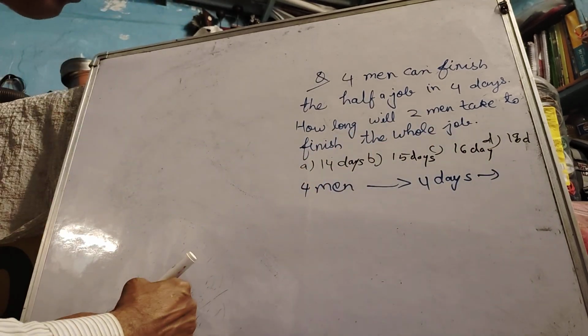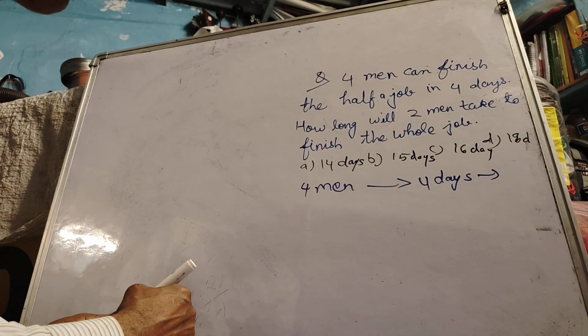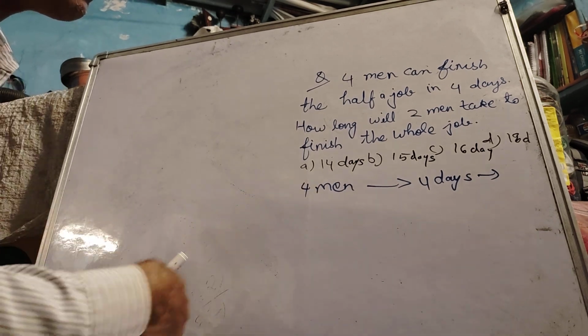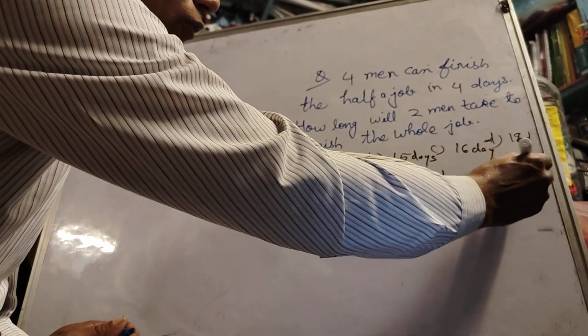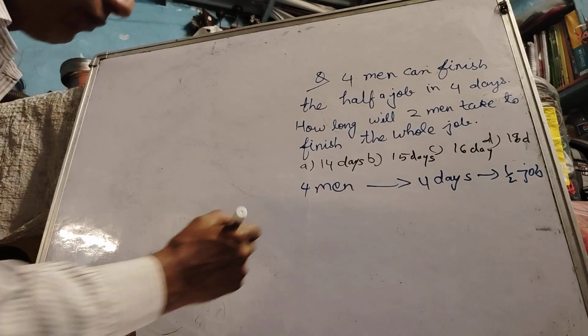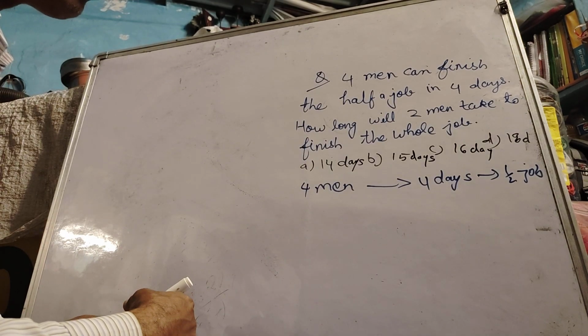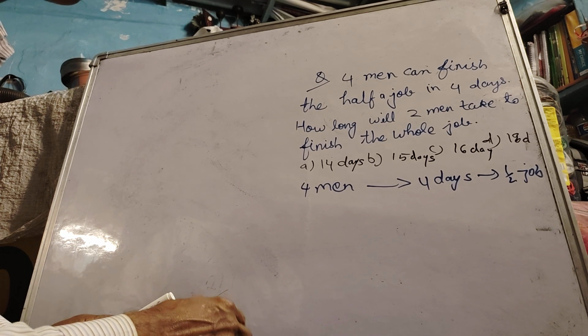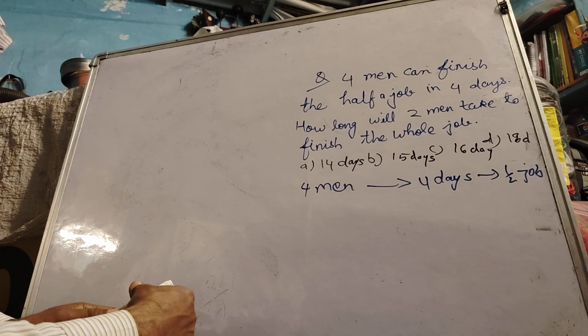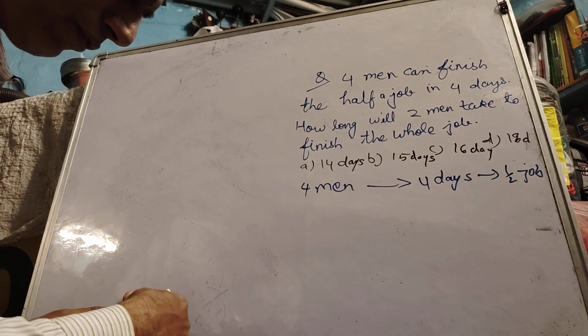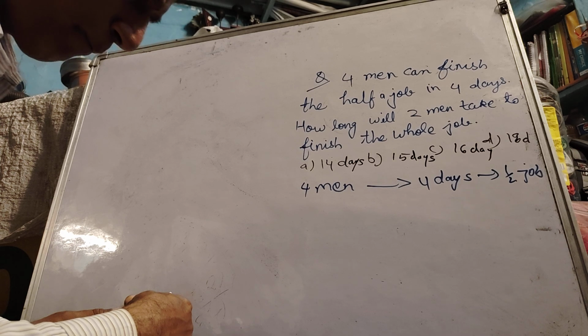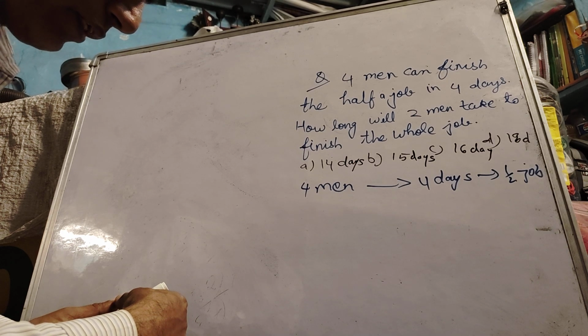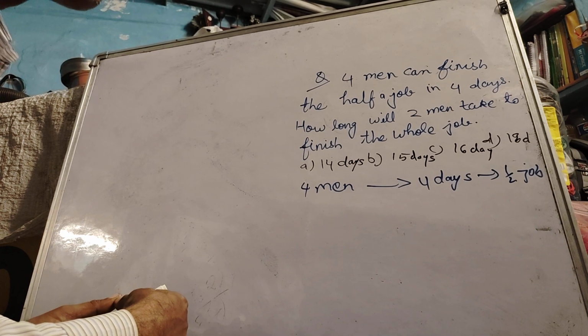Half job, faster. So it means I can say half job to complete a full job. So is it C? I think 16 days. 2 men take to finish the whole job. How long will it take? The number of days we have to find out.